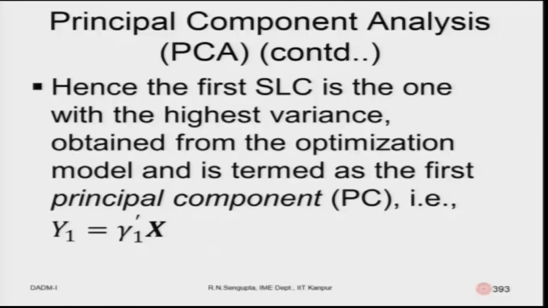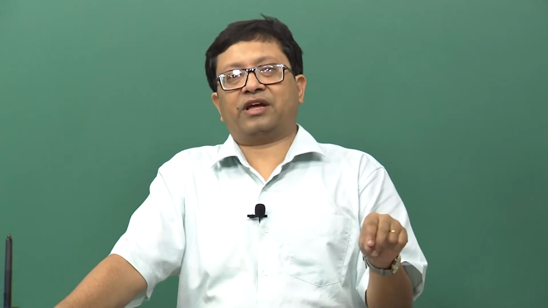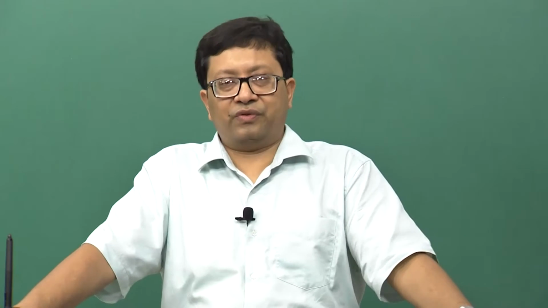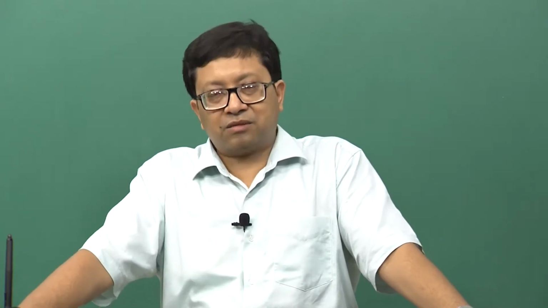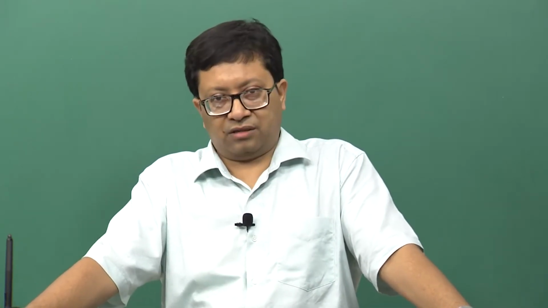So, the first component, I am using the word orthogonality for the first set, would be given by gamma 1 times x, where x is the vector. That means we are putting weights based on the eigenvectors such that the weights give us the maximum variability in the first case.